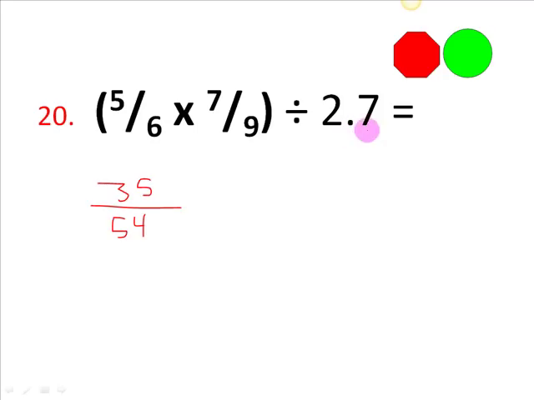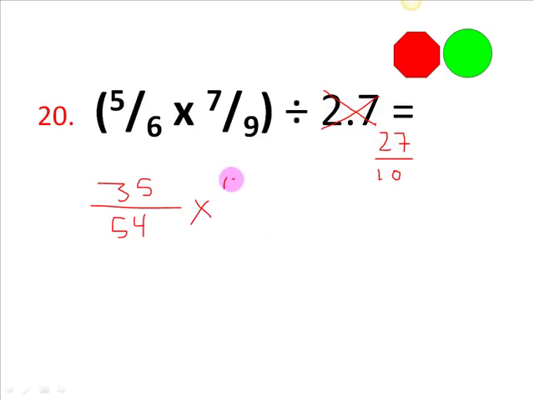A couple of options here. We can turn this into a fraction. We could turn this into a decimal. I think I'm going to turn this into 27 tenths, 27 over 10. And then to divide by a fraction, I just flip it over.